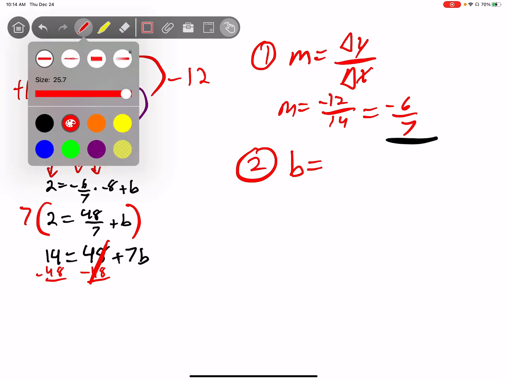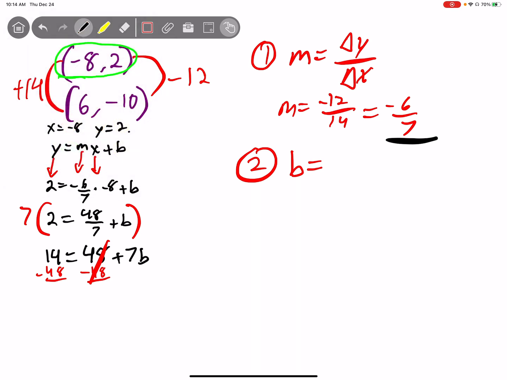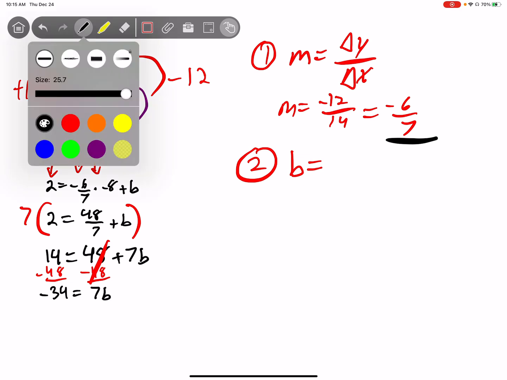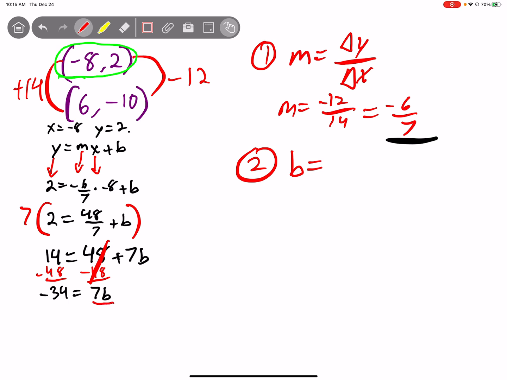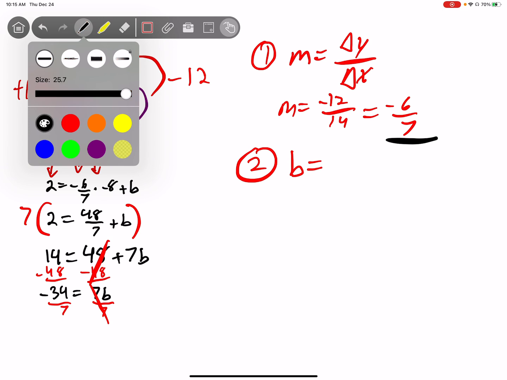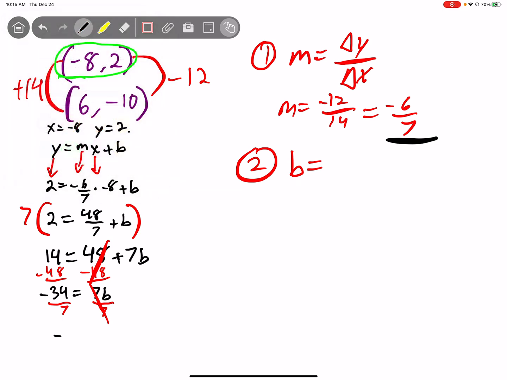These cancel out. 14 minus 48 gives me negative 34, which equals 7b. And now I'm going to divide both sides by 7. These cancel out. And my answer ends up being negative 34 over 7 equals b. Okay, negative 34 over 7 equals b.